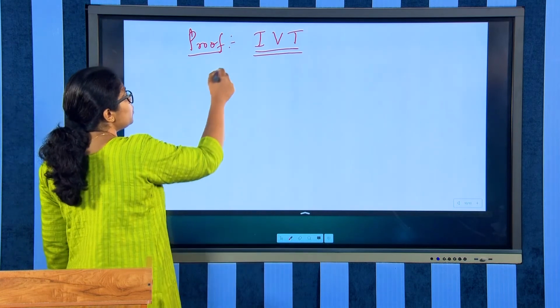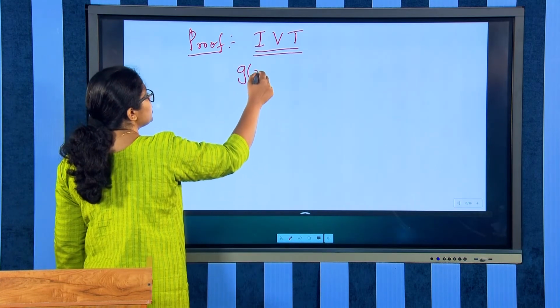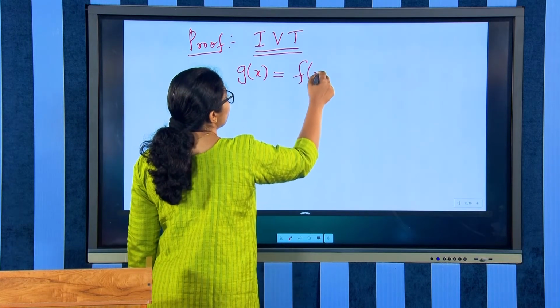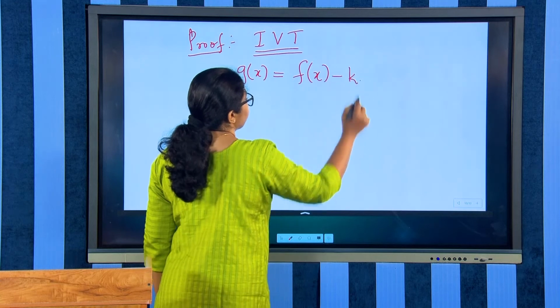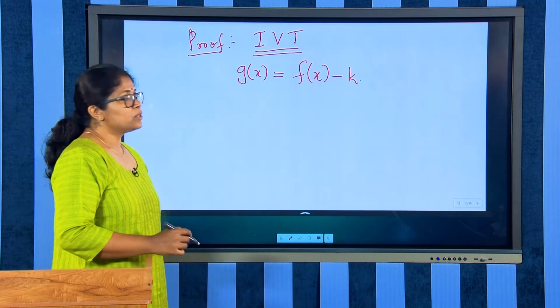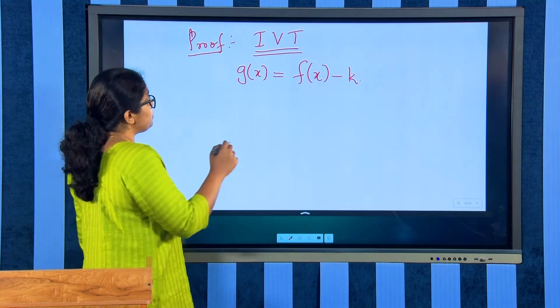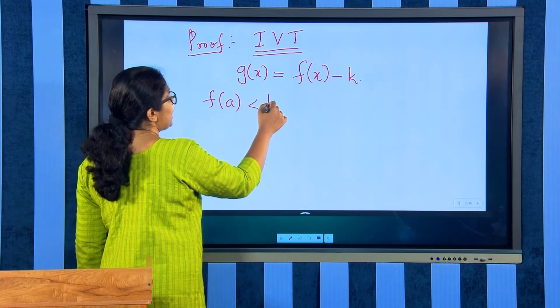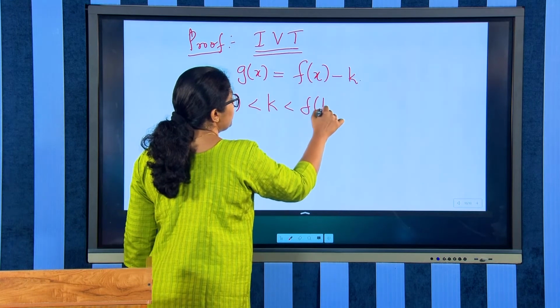We can start by defining a new function g such that g of x is nothing but f of x minus k. In the statement of the intermediate value theorem, we are given the condition f of a less than k less than f of b.